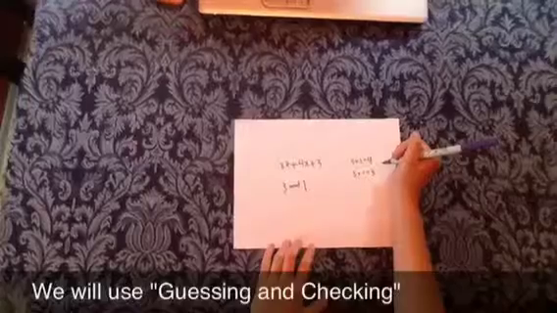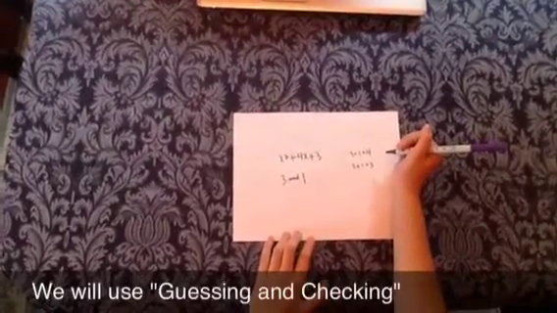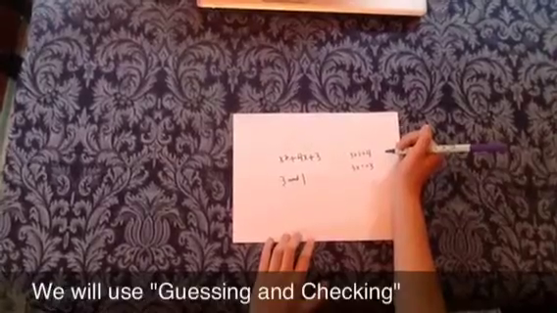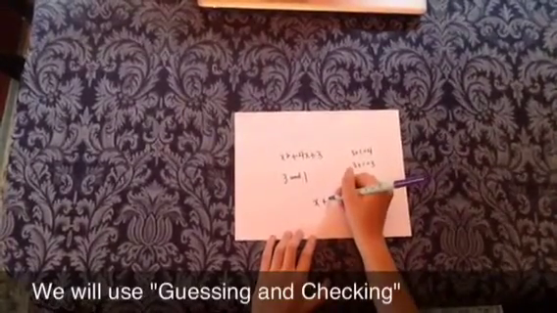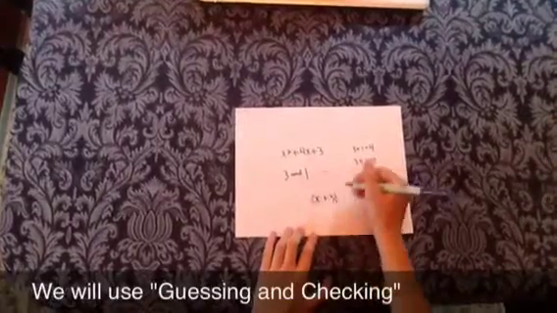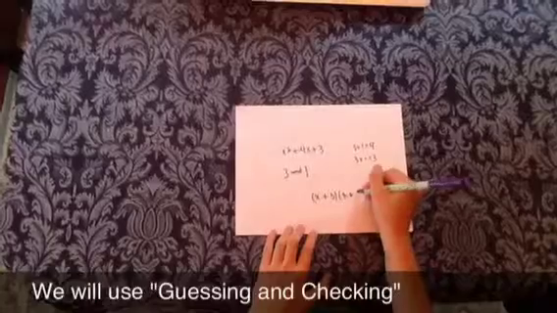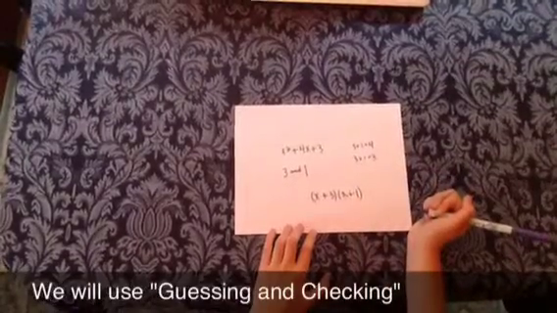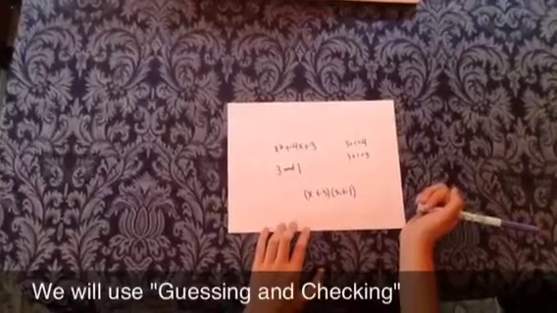We're going to write out the problem like this. X plus 3, x plus 1. Now, let's FOIL, just to make sure.